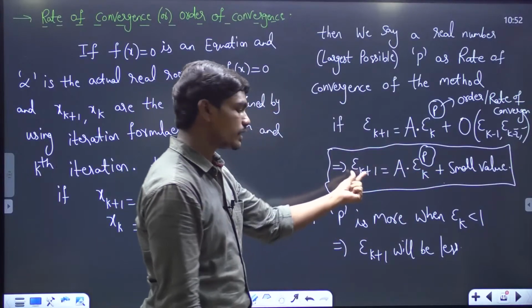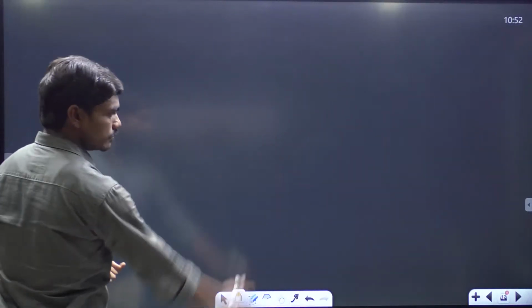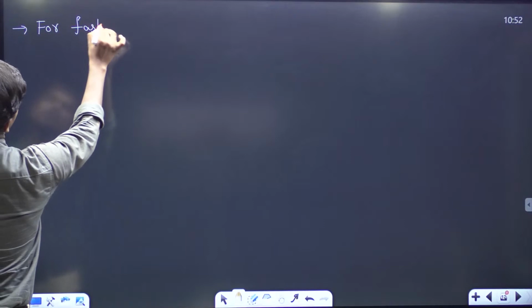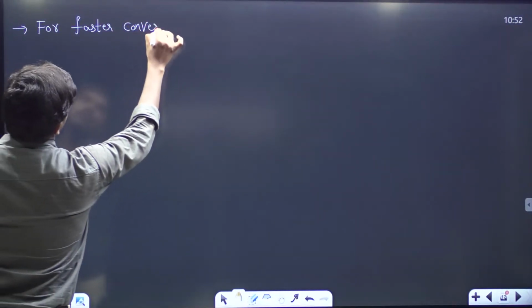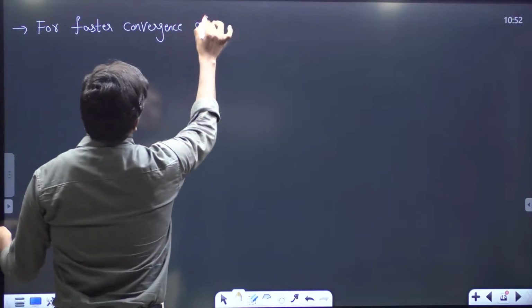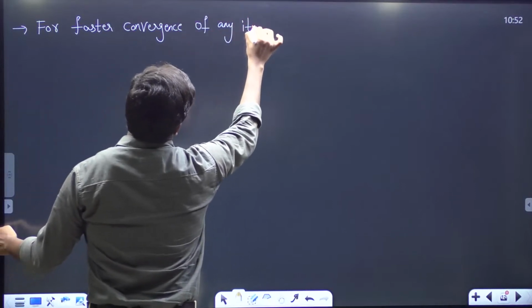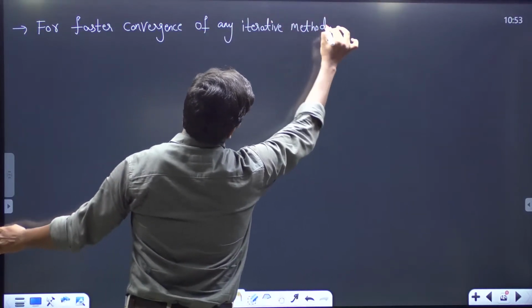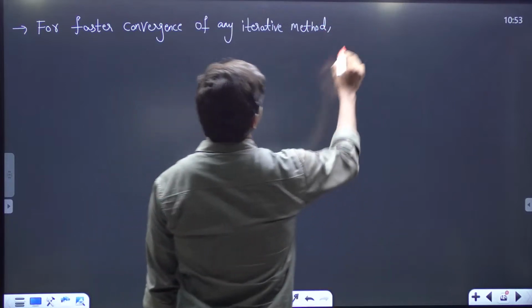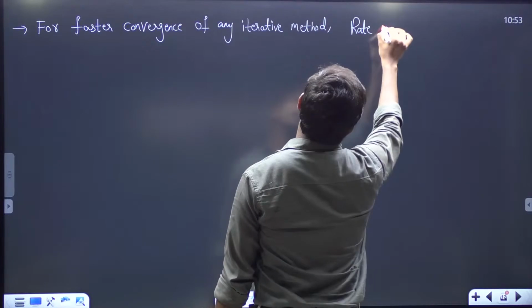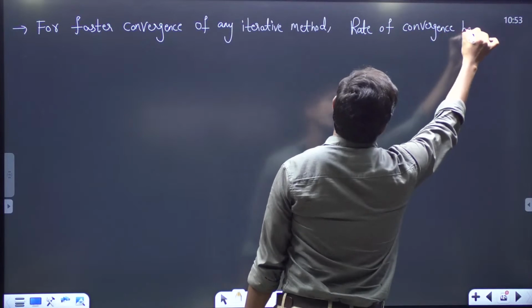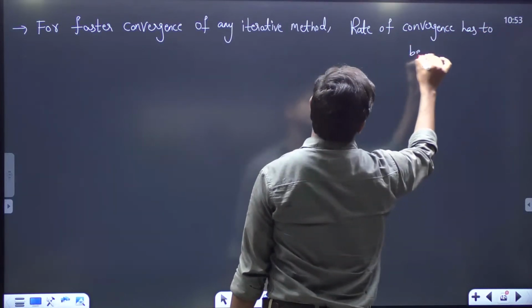So this is the definition of rate of convergence. And one thing: for faster convergence of any iterative method, the rate of convergence has to be high, or you can say has to be more in general.